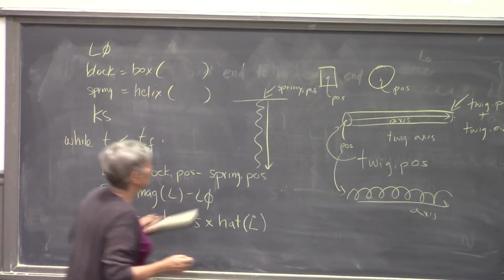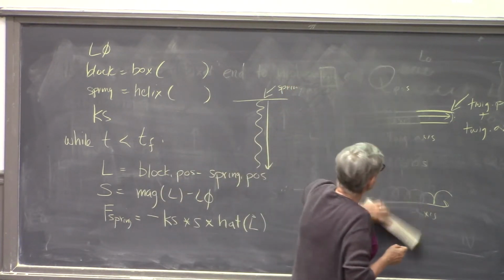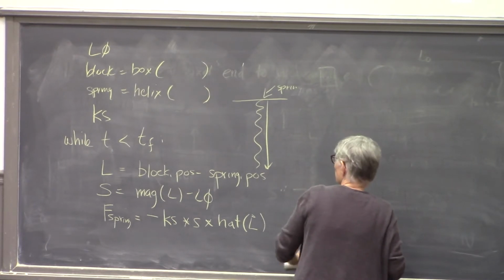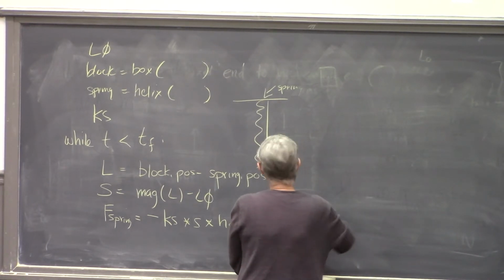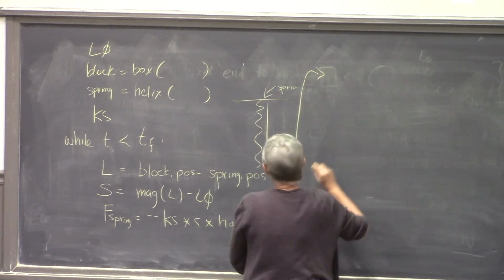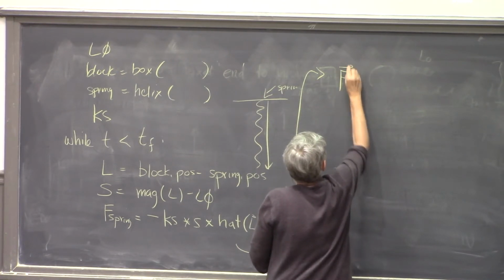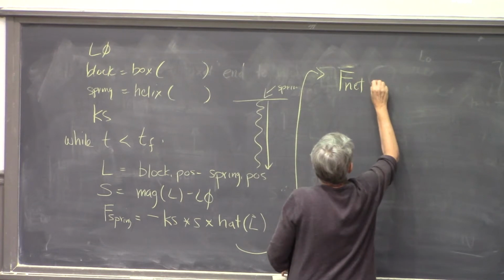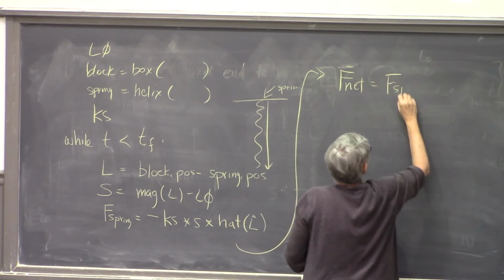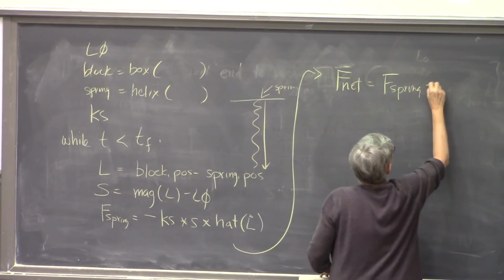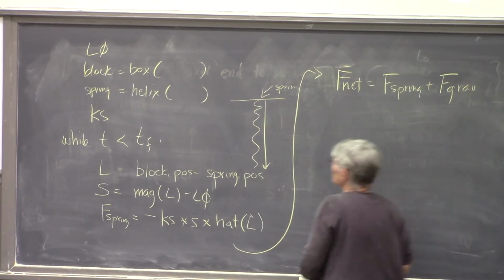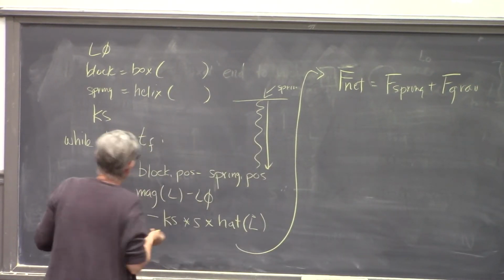And now we're going to need the net force, so we're going to have to say F net is F spring plus the gravitational force. And so we have two choices.